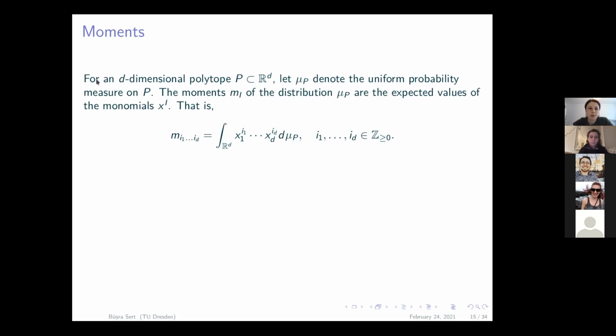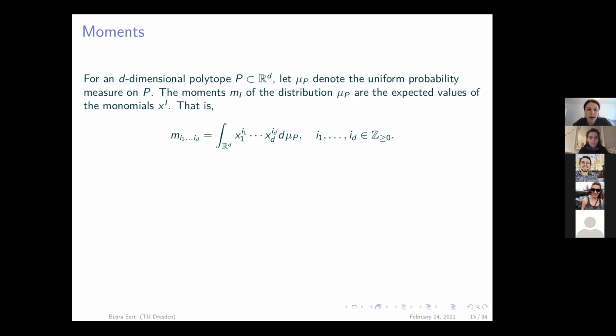So for a d-dimensional polytope, let mu P denote a uniform probability measure. Then for different sets of indices, we will obtain moments like this. So moments are defined like this.